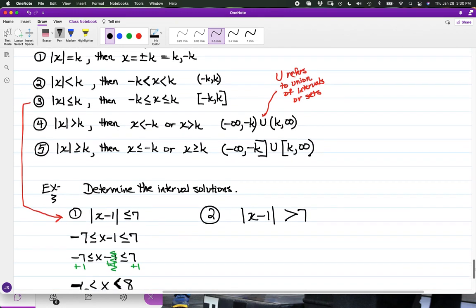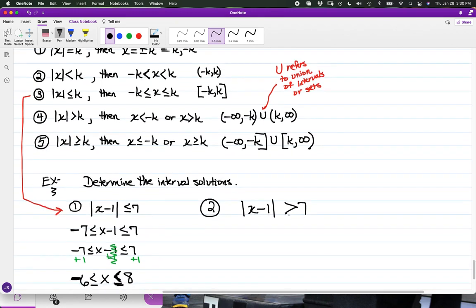And this time for the absolute value of x minus 1 is greater than 7, this will be a case of the absolute value of x is greater than k. And in terms of what to do with x minus 1 once I take it out of the absolute value notation, we're going to have these two types of statements.